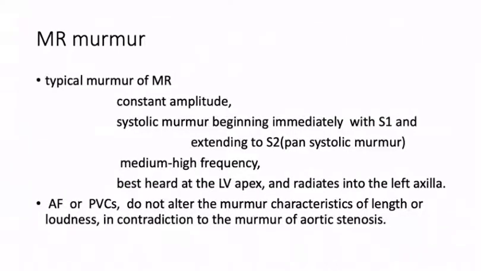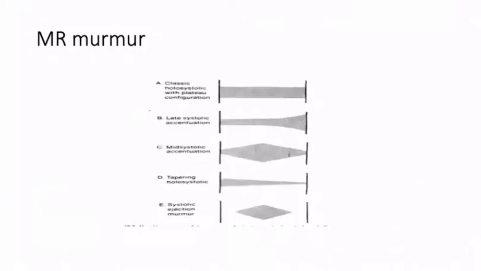Sometimes it can radiate into the second intercostal space, whenever there is a flail posterior mitral leaflet with a jet directed anteriorly. And even atrial fibrillation or ventricular premature beats will not have any effect on the murmur characteristics, in contradiction with the aortic stenosis murmur.